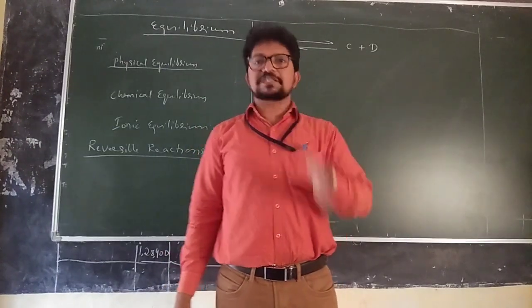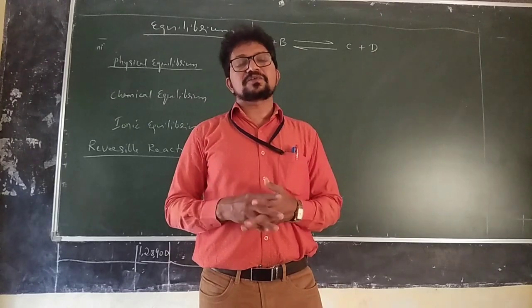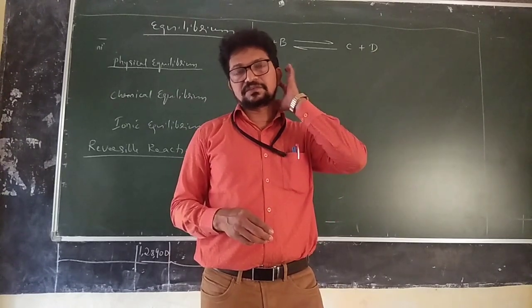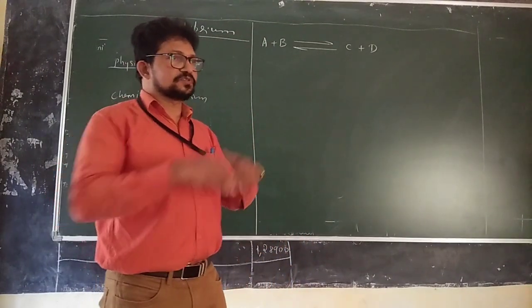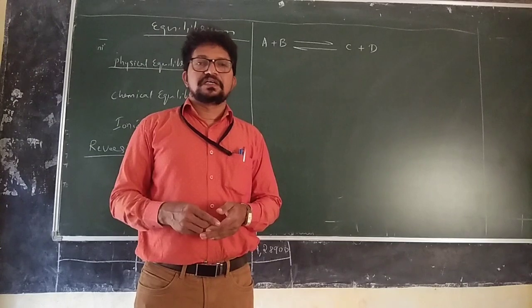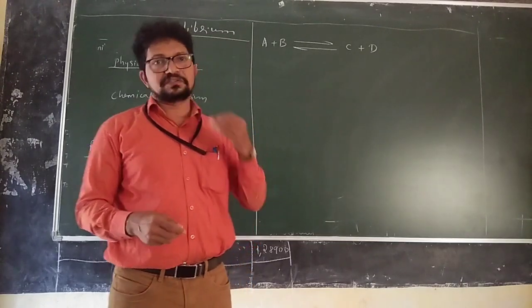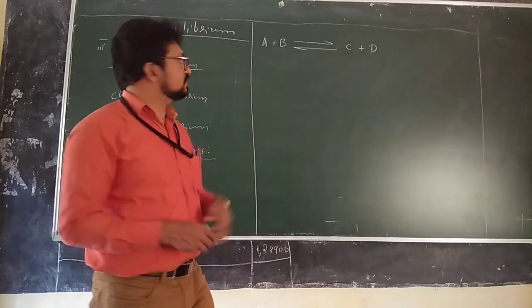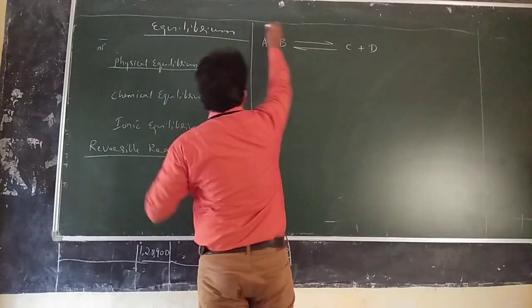Under the same experimental condition, product also combines to give back the reactants. You all know a reaction means reactants give the products. But at the same reaction condition, product also starts giving the reactants. So then we use this type of arrow and we call it a reversible reaction.